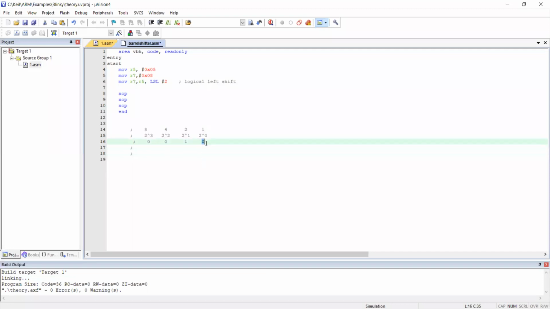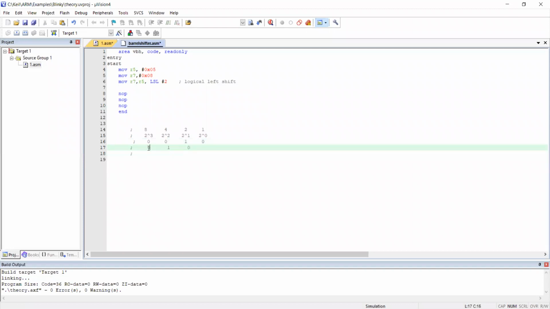Left shift means this will come here. This data will come here. Where is the blue line? This 0 will come here. So 0. Where will this 1 come? Here, hence 1. Where will this 0 come?